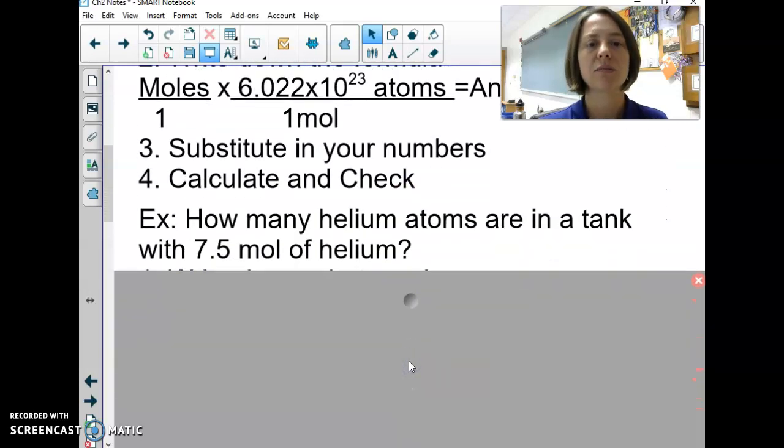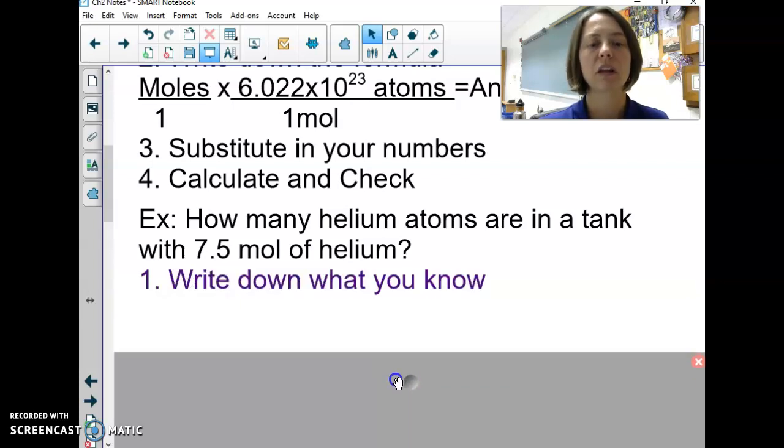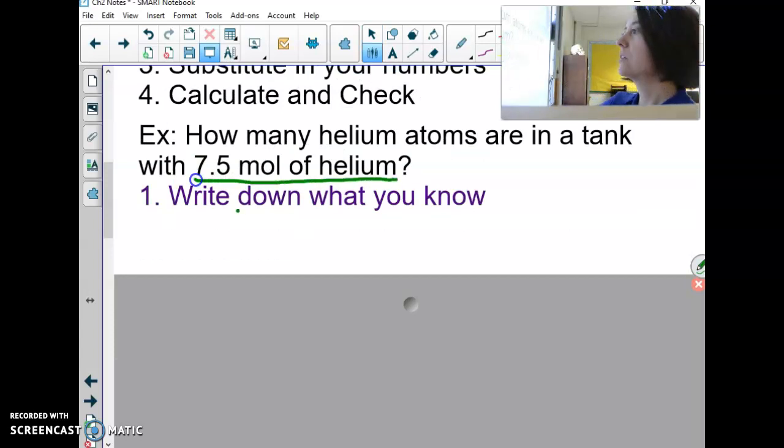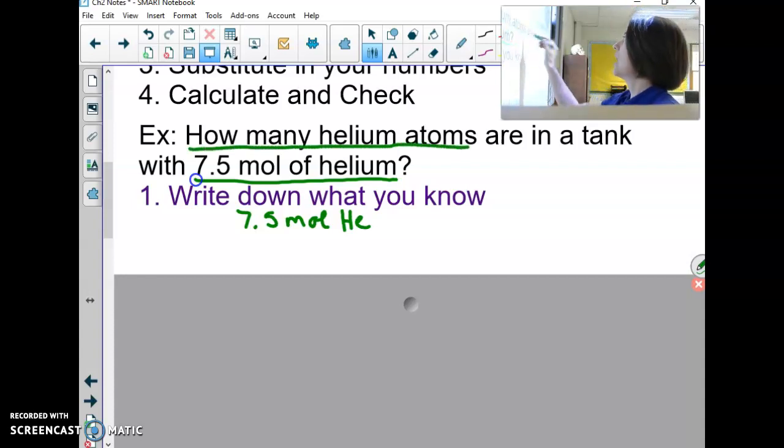So let's do this. How many helium atoms are in a tank with 7.5 moles of helium? The first thing we're going to do is write down what we know. So we have 7.5 moles of helium, and we're trying to figure out how many helium atoms, the number of atoms.